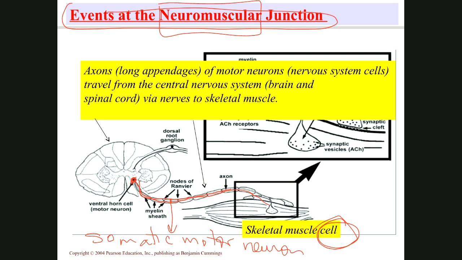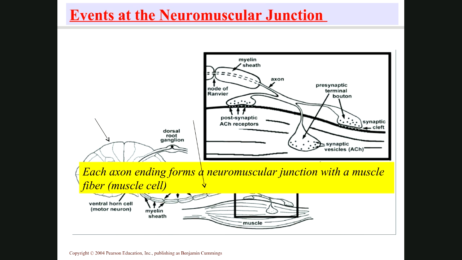You're talking about the types of neurons that serve skeletal muscle cells. The neurons that serve smooth muscle are not called somatic motor neurons. The neurons that innervate the heart are not called somatic motor neurons. So definitely know what a somatic motor neuron is, if not for this chapter, for the next.